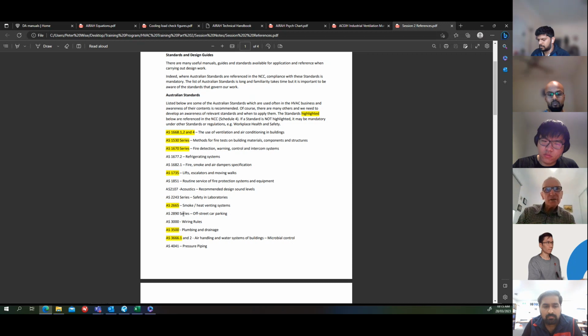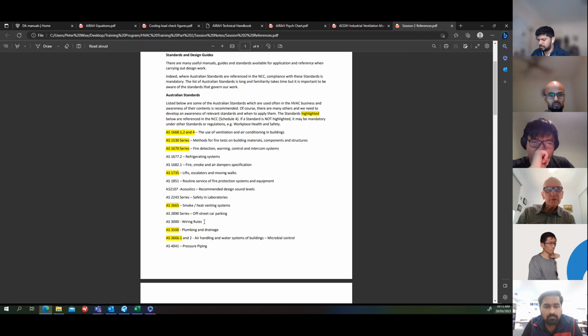And this standard says, don't quote me on this, but I think it says something like you must have a clearance of 2.3 metres or something like that. So it's always a bit difficult with car park ventilation systems to have enough height to get the ductwork in. So just be aware of that.